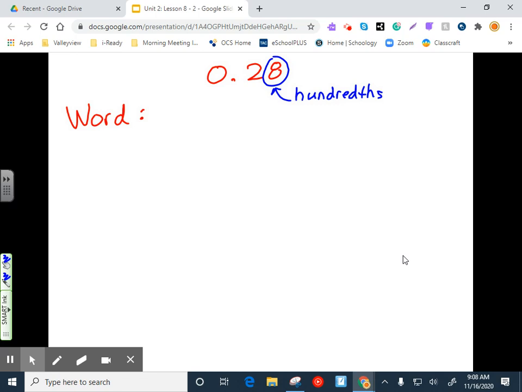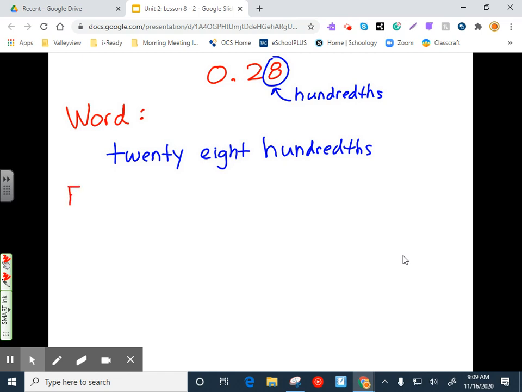And to name it, you just say the number that's to the right of the decimal, which is 28. So this is 28 hundredths. It's pretty simple as far as that goes.